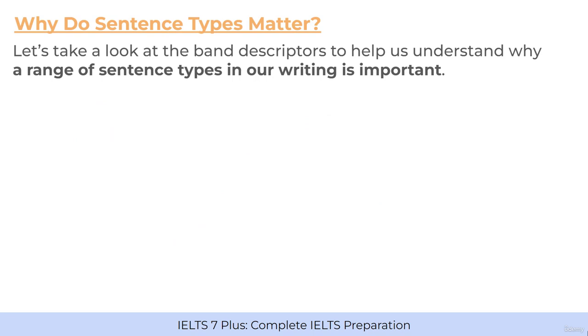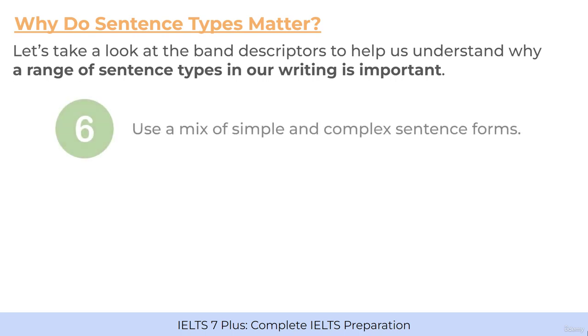Let's take a look at the band descriptors to help us understand why a range of sentence types in our writing is important. And when we talk about sentence types, we mean a few different structures. We'll learn more about this very shortly. So, the band descriptors. A band score 6, which is a very common, maybe even an average score, 6, 6.5.